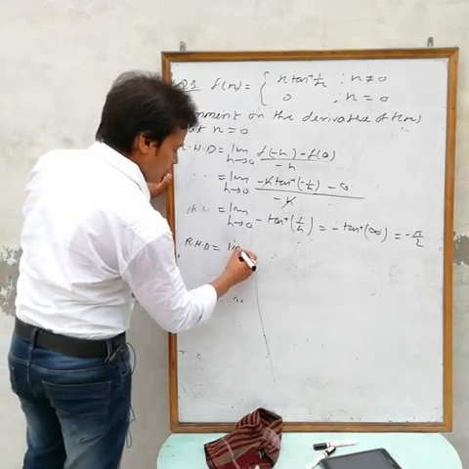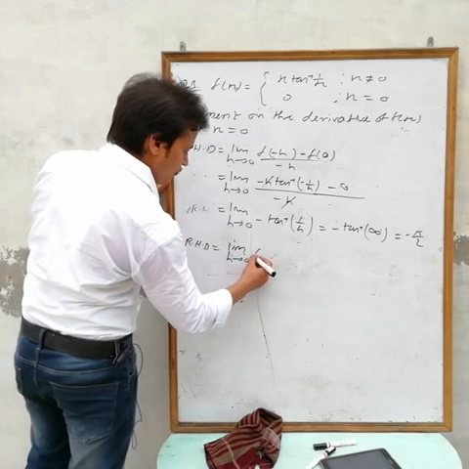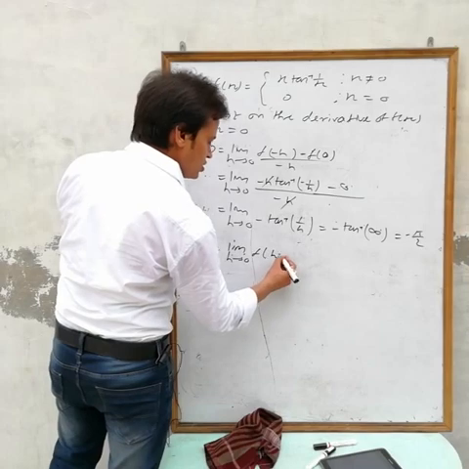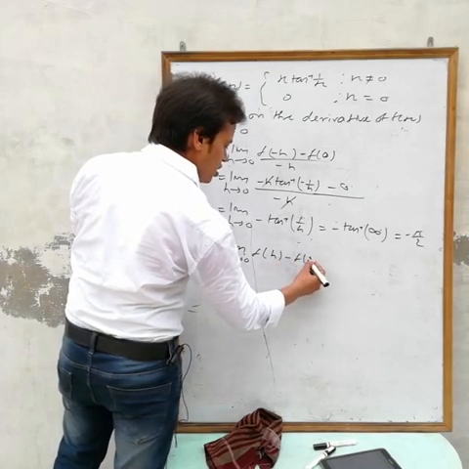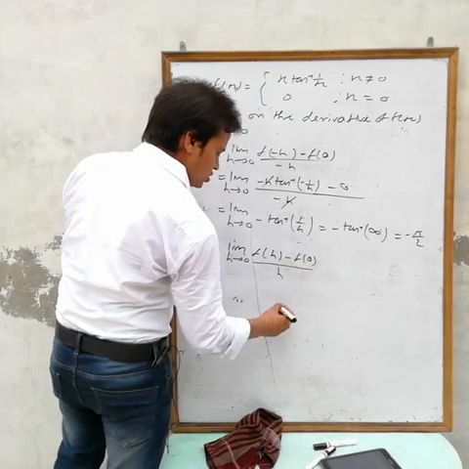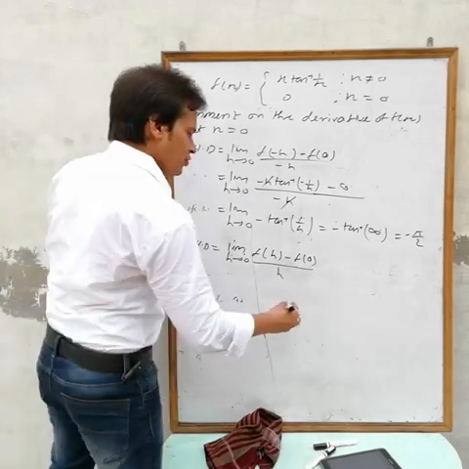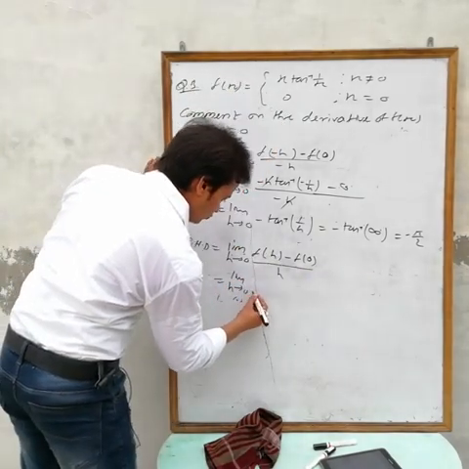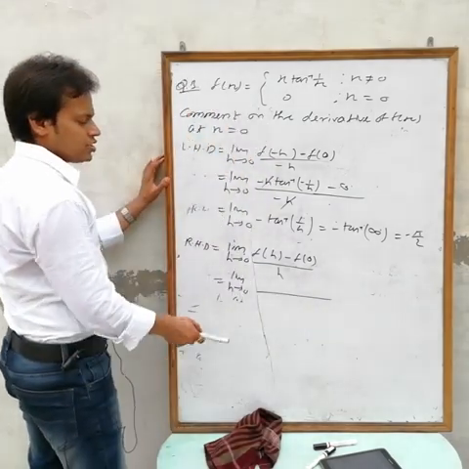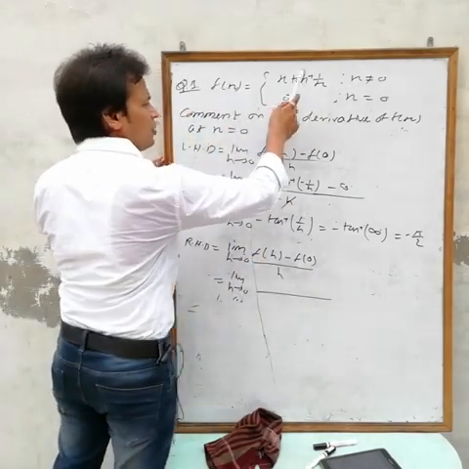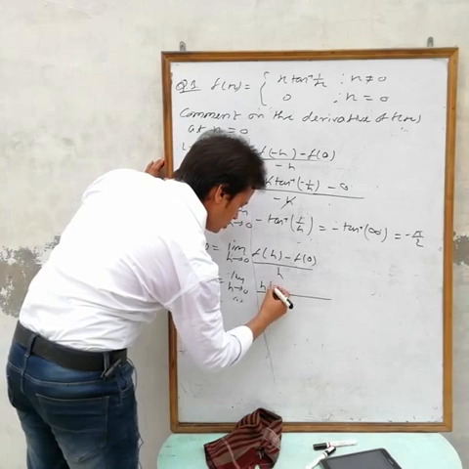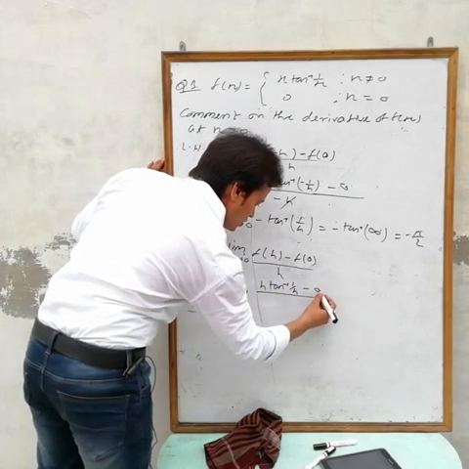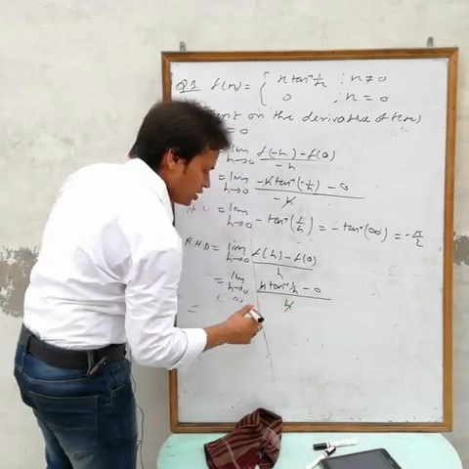RHD is limit h tending to 0, f(a plus h), a is 0, 0 plus h is f(h), minus f(a), f(0), by h. Okay. Now, find the value, limit h tending to 0, f(h), again x is not equals to 0, then from this one h tan inverse 1 by h minus f(0) is 0, by h cancel out.